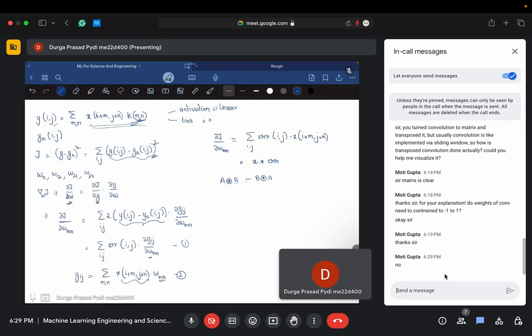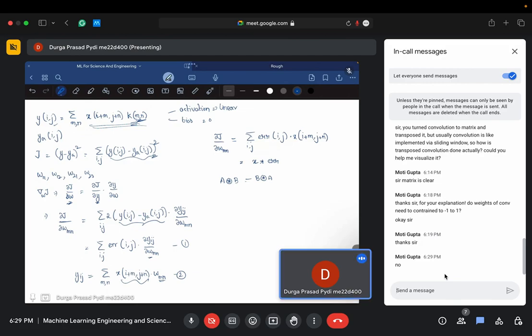Those of you from a signal processing background might have heard the term convolution. If you are familiar with the Fourier transform, convolution in the time domain is equal to multiplication in the frequency domain, and things like that. There you usually have the commutative property to be true, but that doesn't happen here.